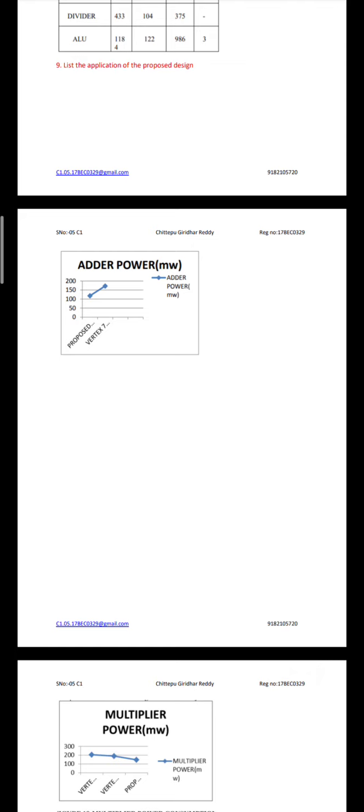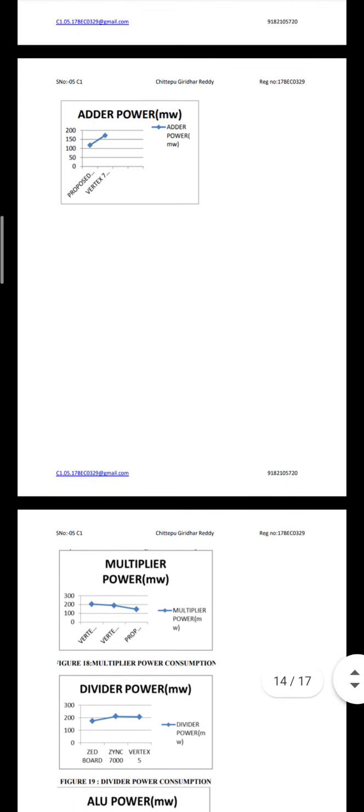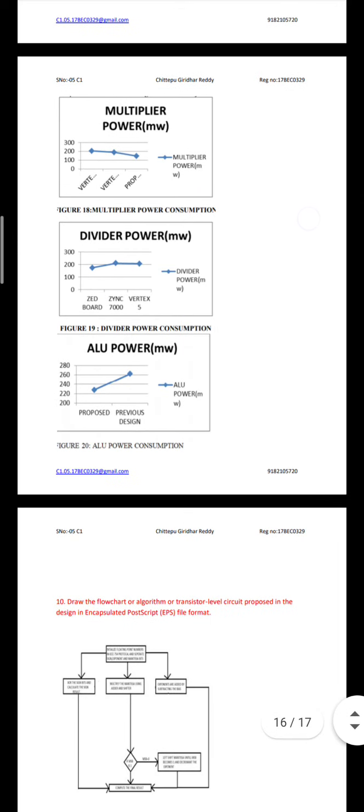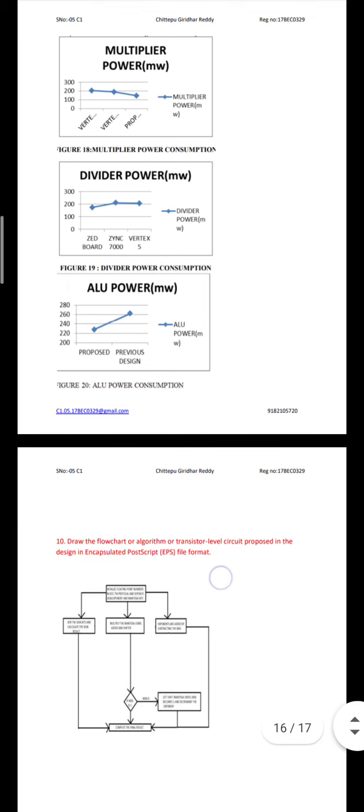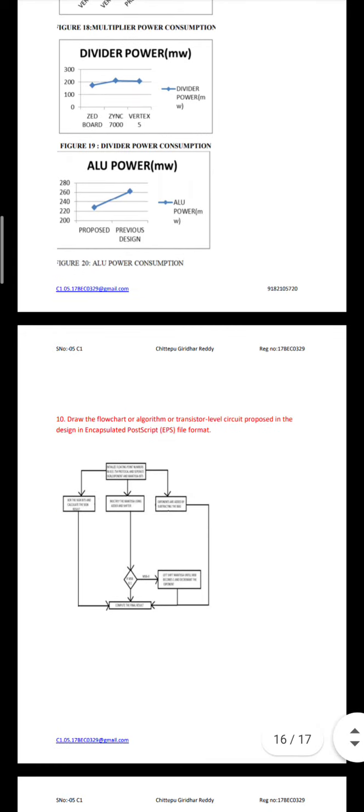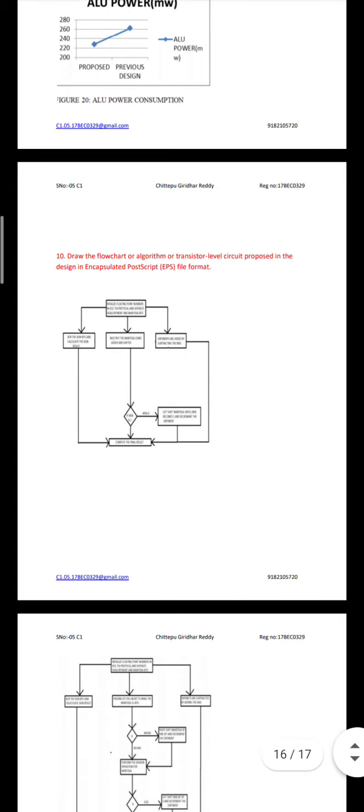This is the line graph of adder power in milliwatts, the multiplier power line graph in milliwatts, the divider power graph in milliwatts, and also the ALU power in milliwatts and ALU power consumption.